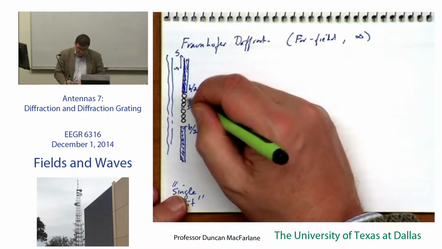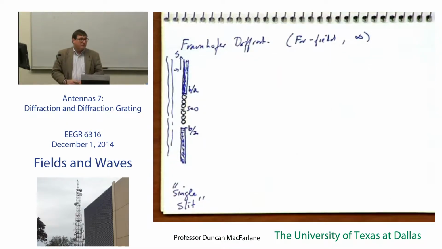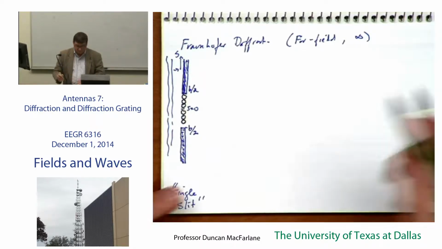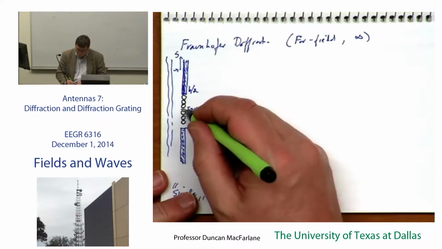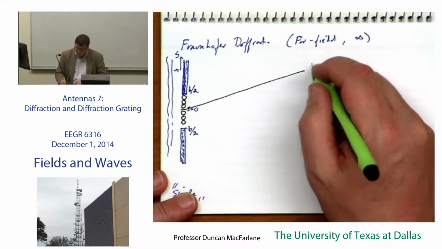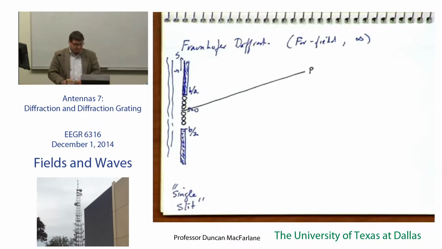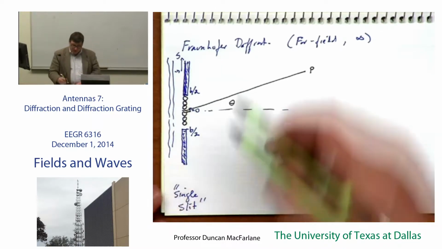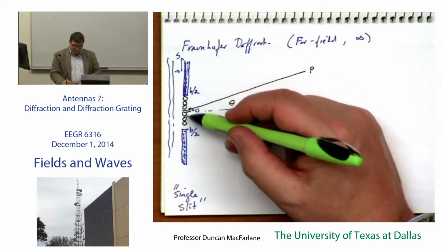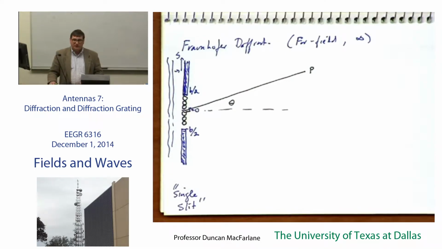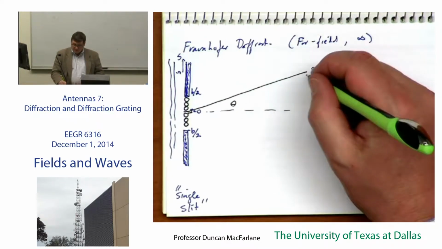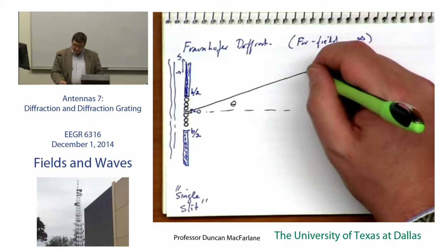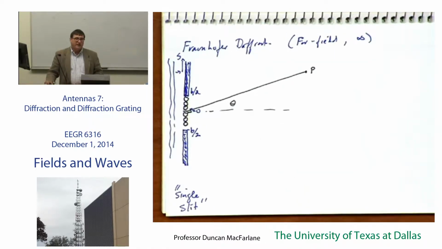Each of these spherical wavefronts radiates out, and at some observation point P, we have the superposition of this wave, this wave, this wave, and all the other ones smeared across the aperture. All the constructive and destructive interferences will add up at P to give me some net amplitude and distribution.